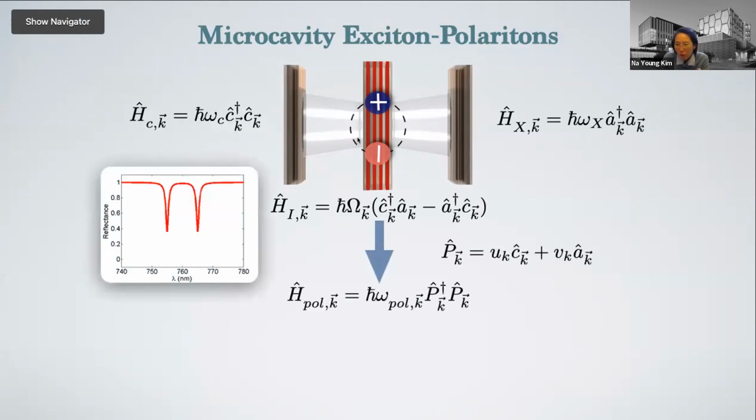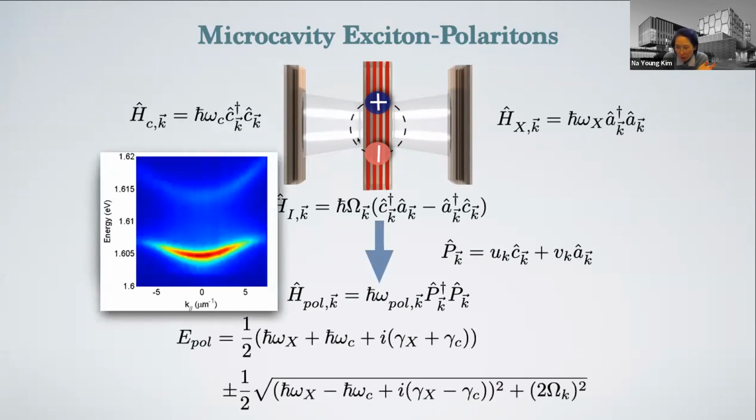Then we find two quasi-particle solutions, which we call the upper polariton and lower polariton. The signature of strong coupling is seen as an anti-crossing of the dispersion.